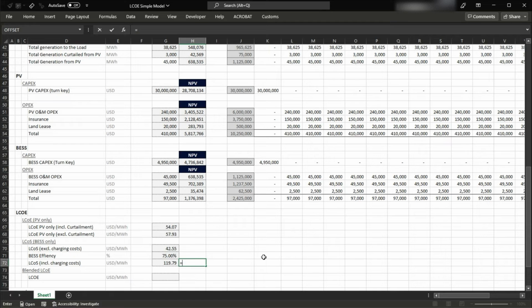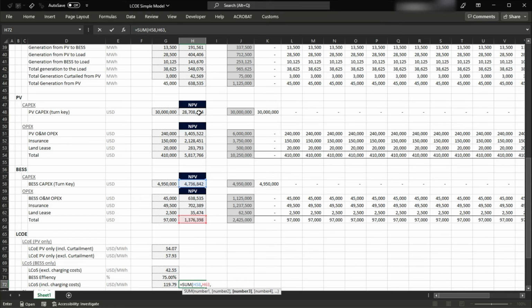The LCoS including charge costs is going to be basically equal to what we have in here. It's going to be equal to the sum of the battery system, so the NPV of the BESS capex plus the NPV of the BESS opex, which is in here, plus 32% of the PV capex and PV opex.